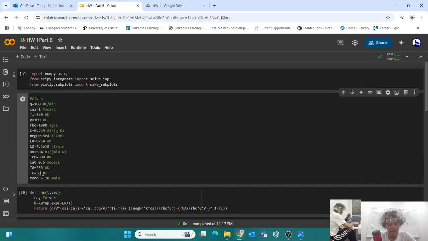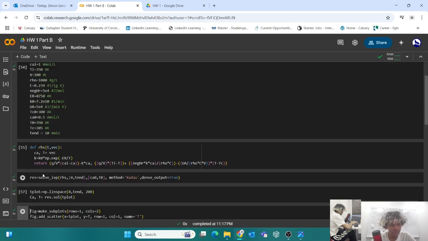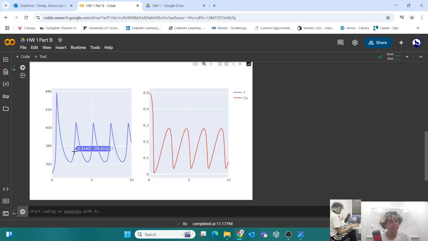But bringing this back to 305, this oscillation is occurring because, again, we're increasing that cooling jacket coolant temperature from 300 to 305, and with that, the reaction is being chilled less. Therefore, it's allowing that temperature of the reactor in general to go up.